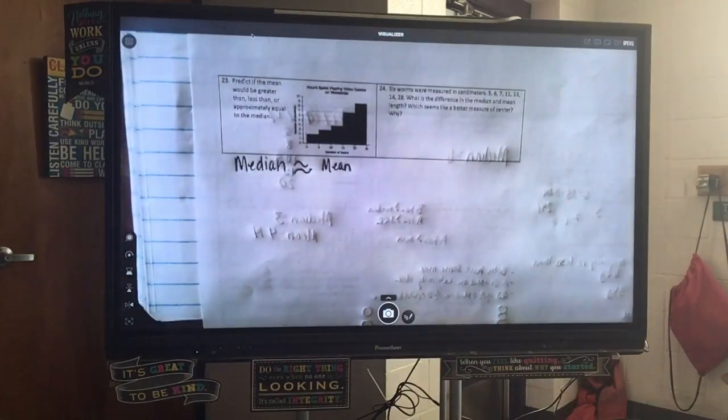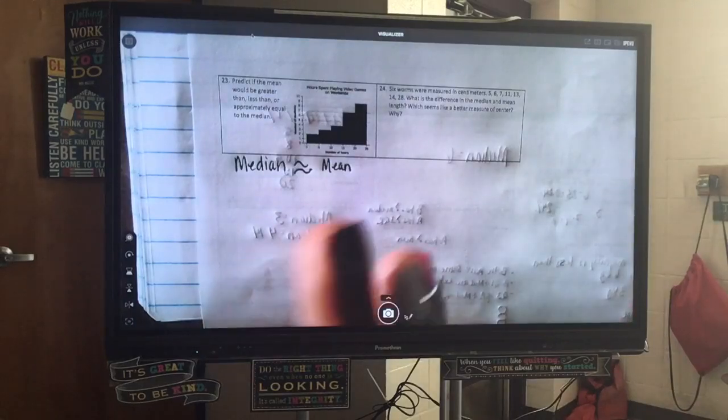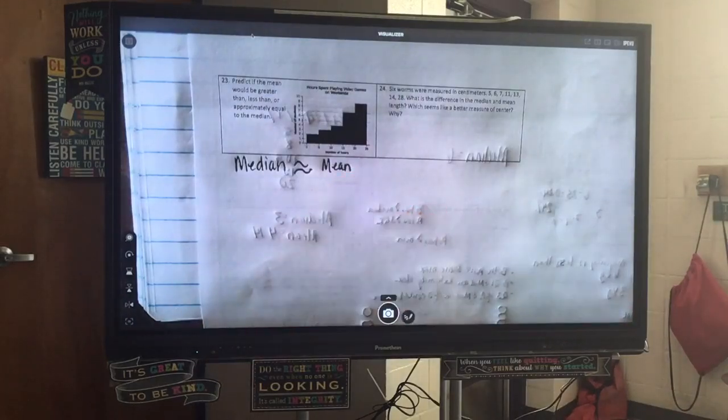All seriousness though, what Joseph said, he didn't see any outliers. So if you see no outliers, your mean and your median are going to be very, very close. But if the outlier is lower than most of the data, then it's less than.